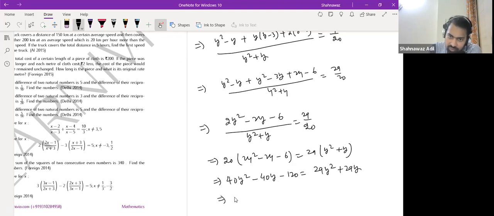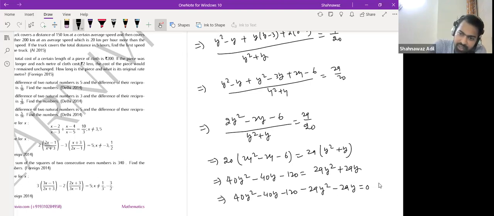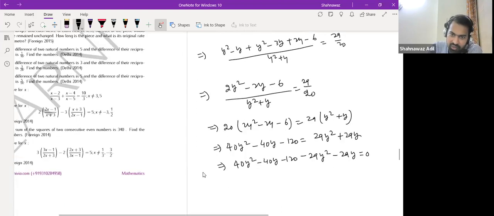So 40y square minus 40y minus 120 minus 29y square minus 29y is 0. So 40y square minus 29y square is 11y square, and minus 40y minus 29y is minus 69y, and minus 120.